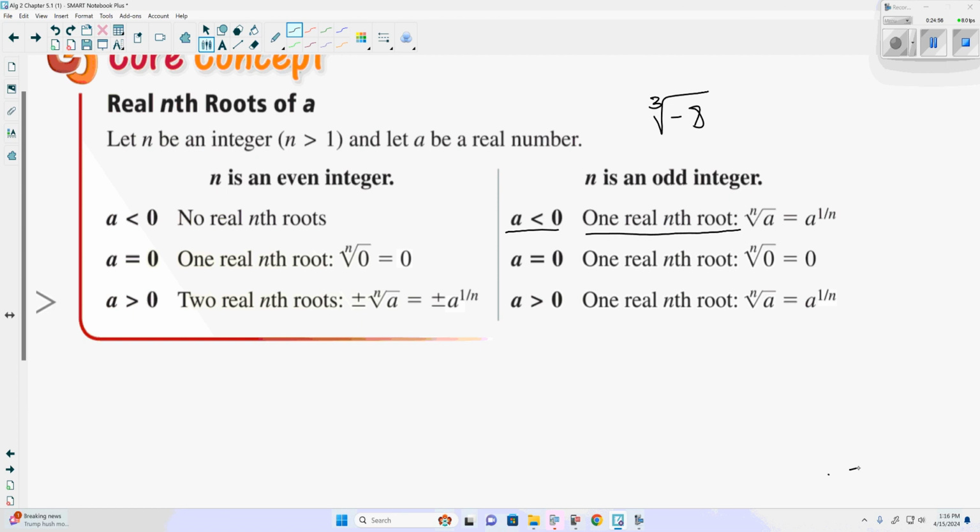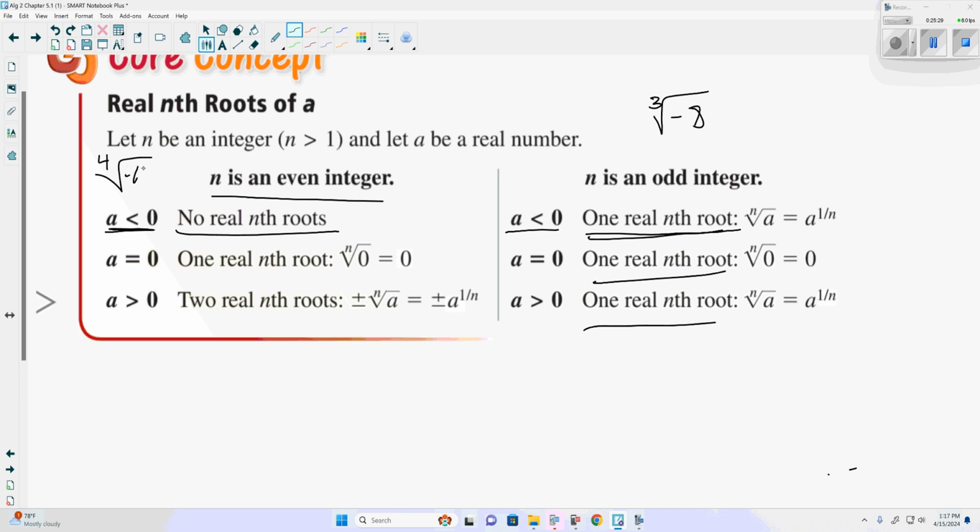Because if the index is odd, so 3, 5, 7, 9, 13, 15 going on that way, we're going to have one real root. Now, if the index is even, we're talking about the square root, 4th root, 6th root, 8th root, 10th root, 12th root, and the number inside is negative, we have no real nth root.